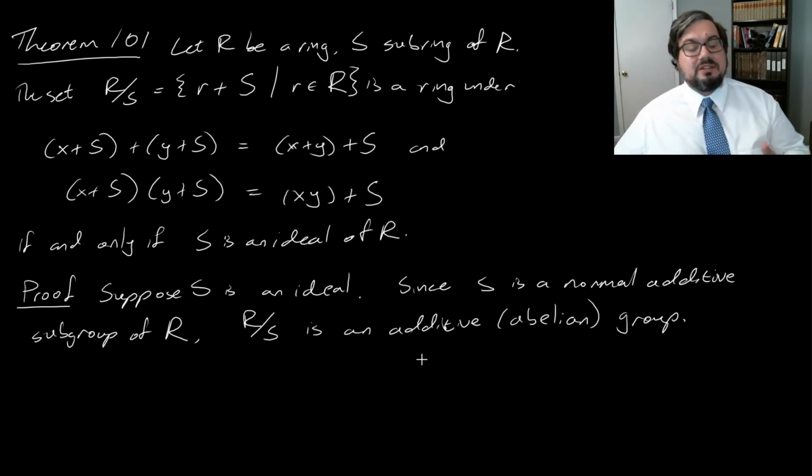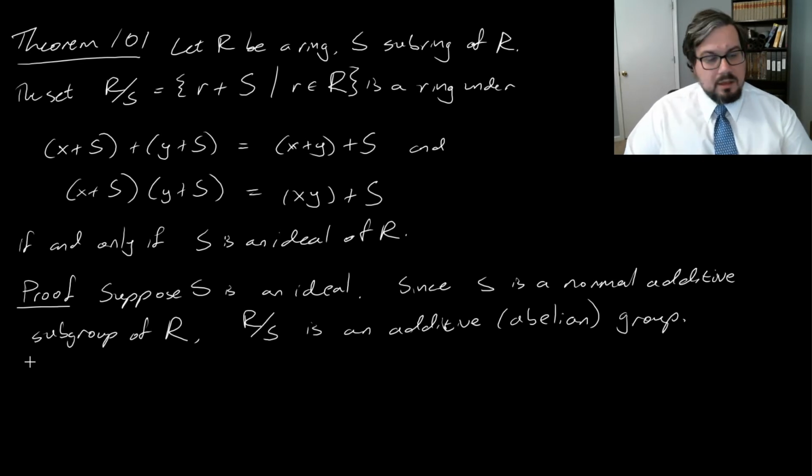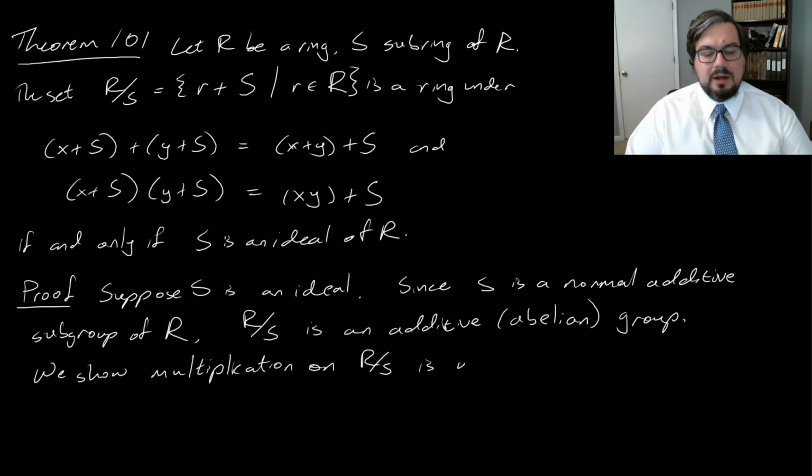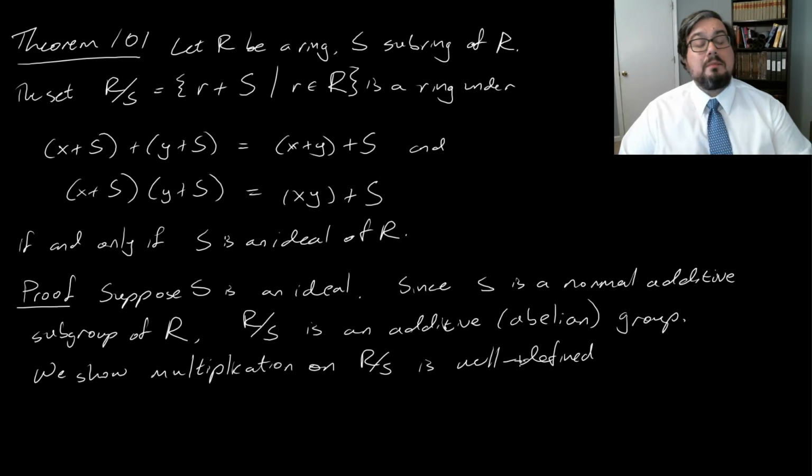In particular, we need to show that it's well defined. We show that multiplication on R mod S is well defined, based on the assumption that S is an ideal.